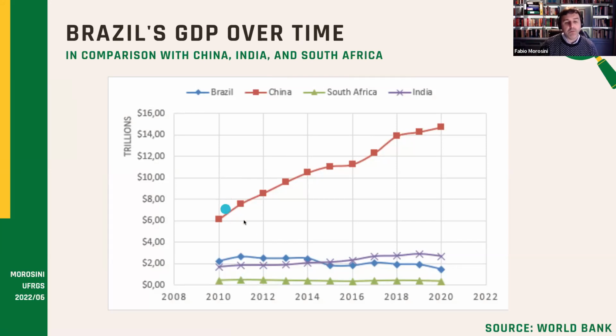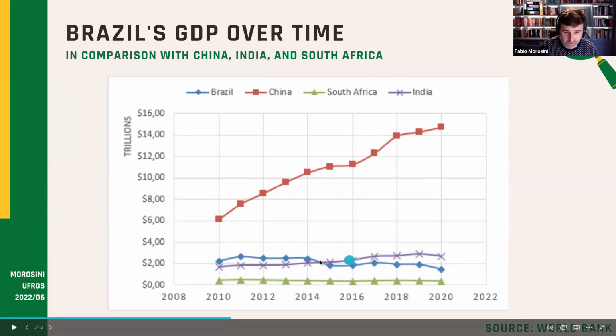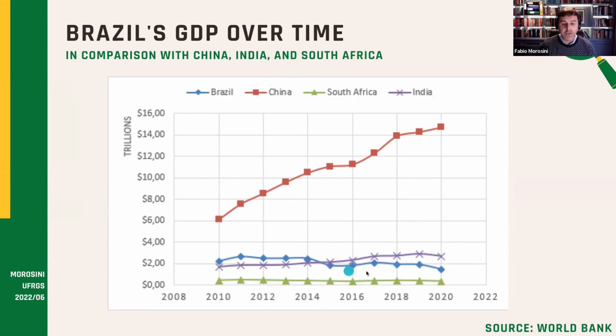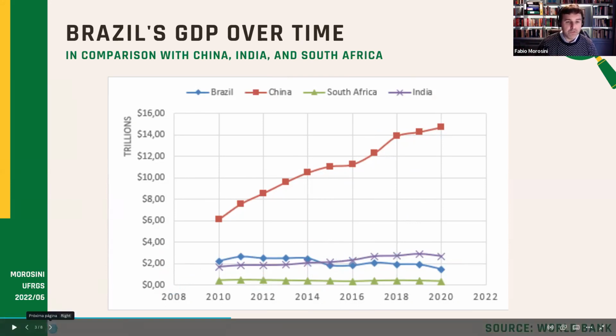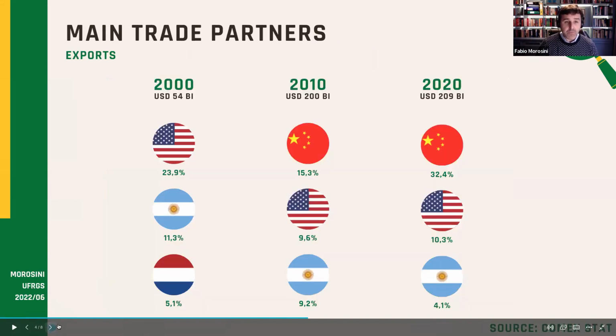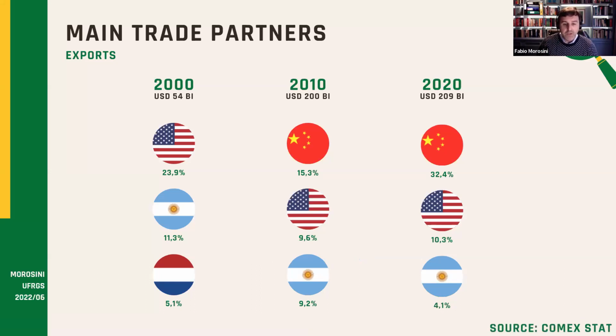I think that we have now a truly emerging economy, or even no longer an emerging economy but an established economy, in the case of China. But then you also have Brazil, South Africa, and India. And I'm focusing on the Brazilian position, which has stagnated for several reasons, and of course that plays out in the context of its trade position. Brazil's trade geography globally has also changed over the past 20 years, and that also needs to be taken into account.